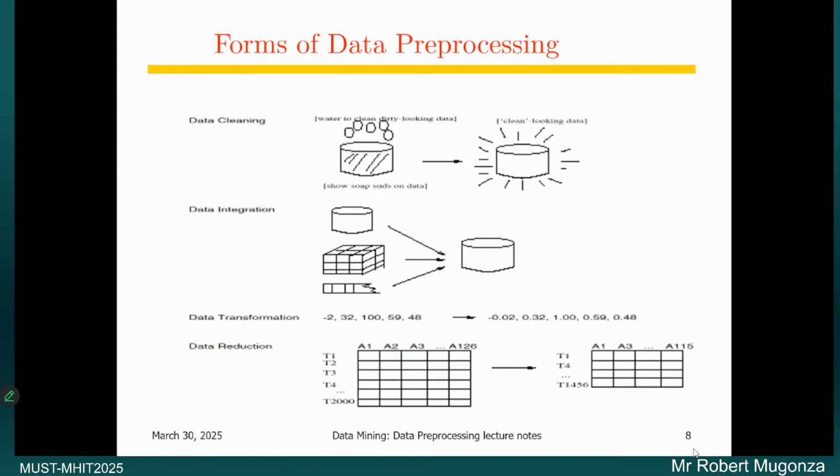Okay, and so all these can be integrated into one huge store, simply because they have similar data about some entities of interest which we need to focus on. Lastly, but not least, is the transformation from one scaling to another scaling, such that now the analytic results can be of sense.